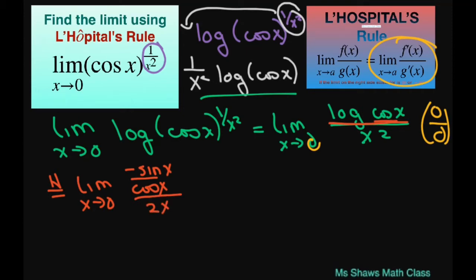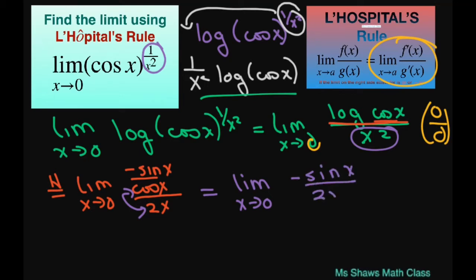Now I'm going to simplify this and write this as the limit. I'm not putting the h, so that means I'm not differentiating. I'm just going to move these two together, because the derivative of x squared was 2x, so we have negative sine of x divided by 2x cosine of x.